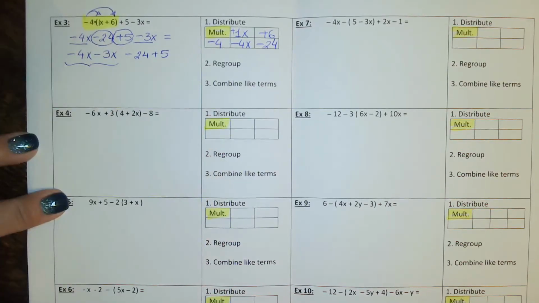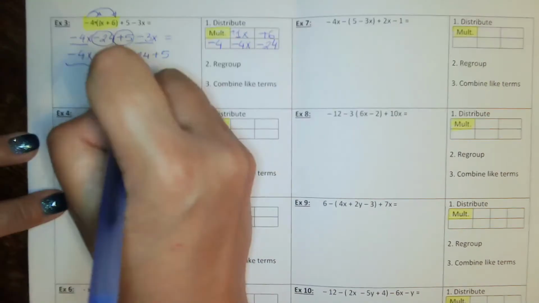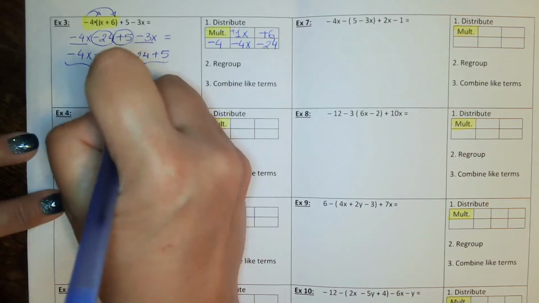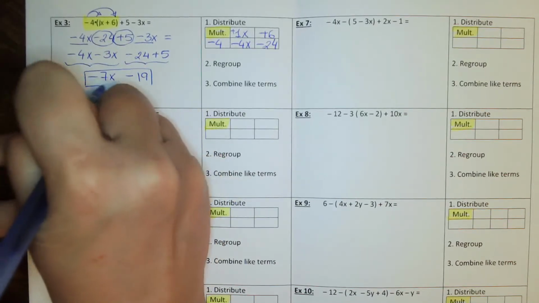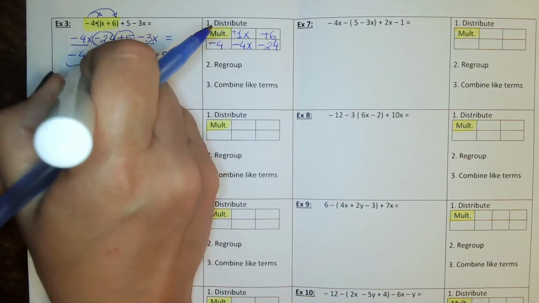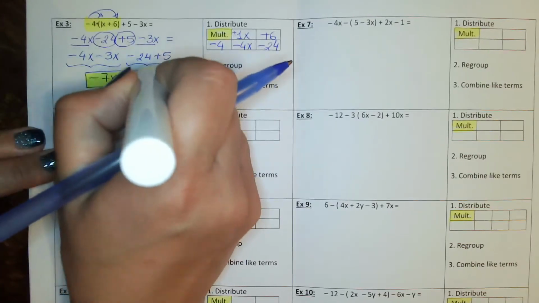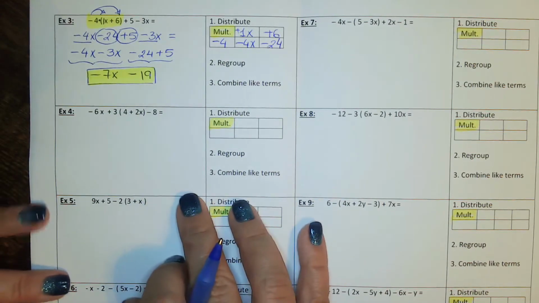Negative and negative, same sign, add the numbers. When we combine, add the numbers, keep the sign. Different sign, subtract. Negative 19, keep the sign of the bigger number. The two remaining terms together is our simplified expression, negative 7x minus 19.